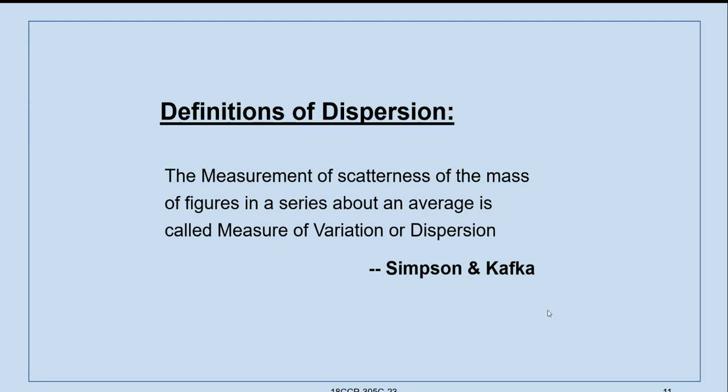Another definition, by statisticians Simpson and Kafka, gives the measurement of scatterness. How wide the mass of figures in a series is spread about an average is called measure of variation or dispersion. So we are trying to understand the measurement of scatterness, how wide they are spread and so on. That is nothing but measure of variation or dispersion.